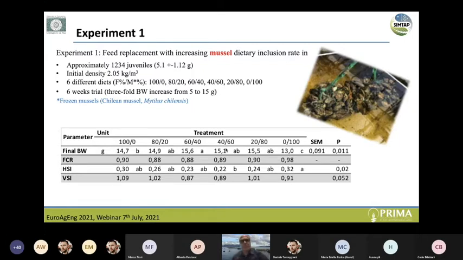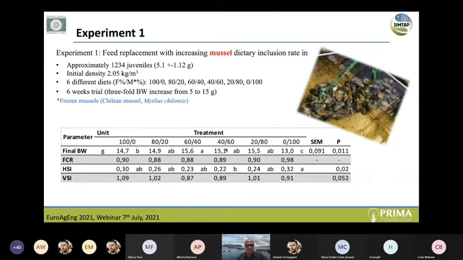So the first experiment we carried out last year was a really preliminary trial. The SIMTAP system was not yet fully completed. By the way, we had the aquaculture unit already working, so we started with some trial on trying to replace aquafeed, the traditional aquafeed, with mussels. Why?